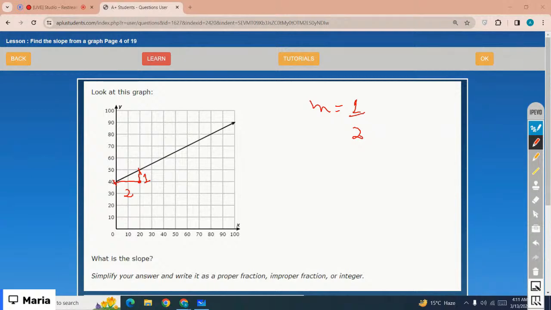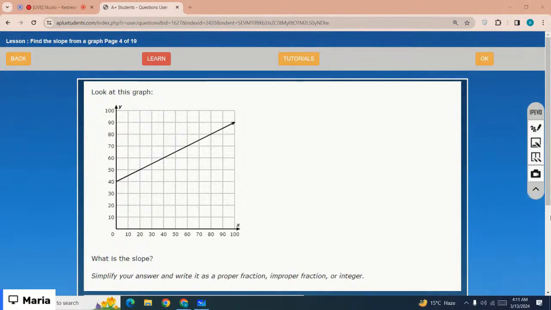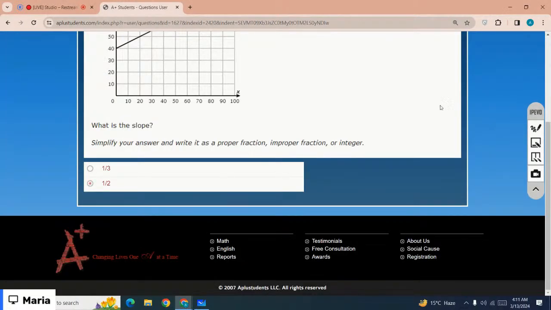So the correct option is 1 over 2. Option number 2 is the correct option.